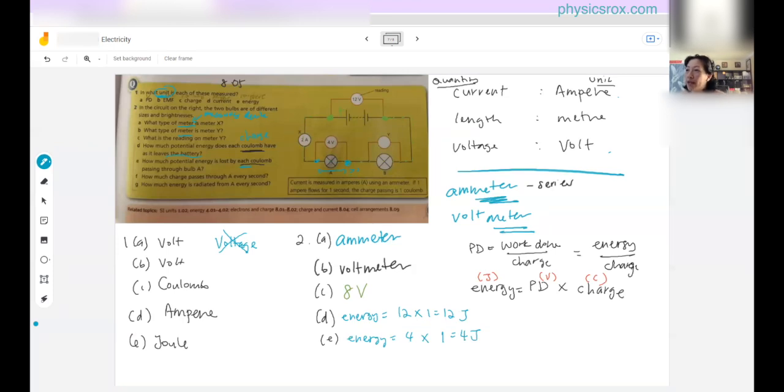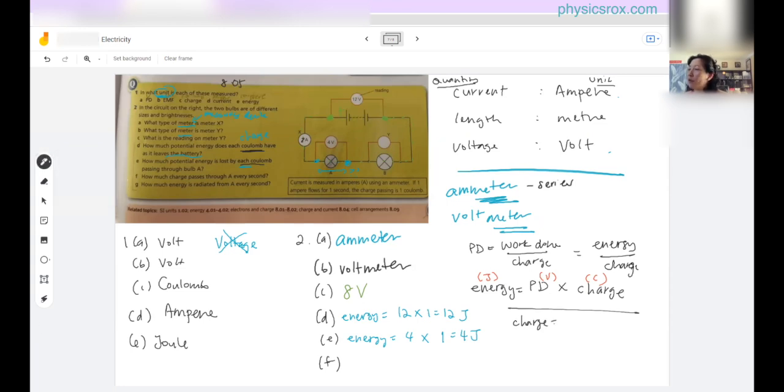And then F asks us how much charge pass through A every second. So you take back the formula of current. Sorry, your one is the other way. They write as charge equals current times time.